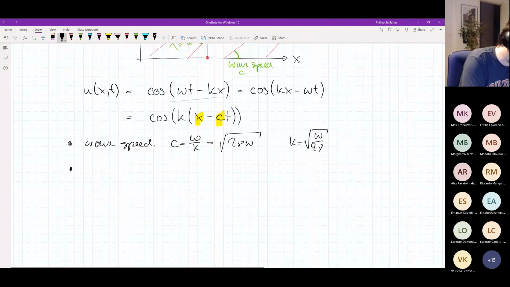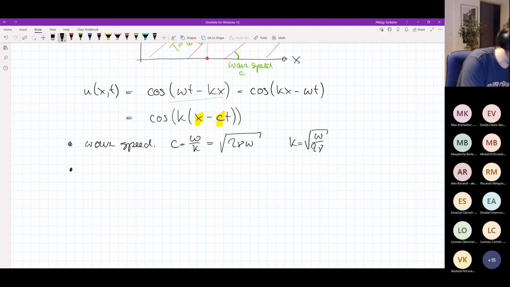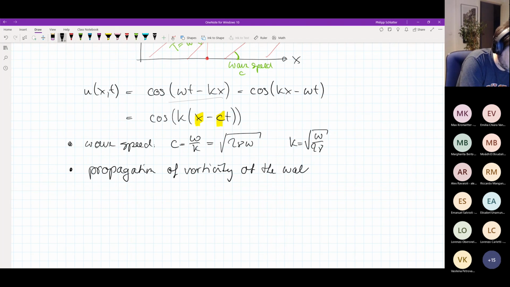Well, actually it means the propagation of the vorticity at the wall into the domain.